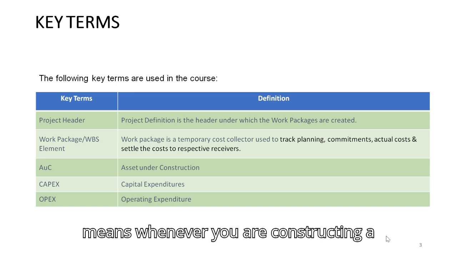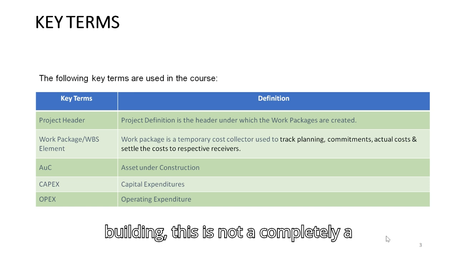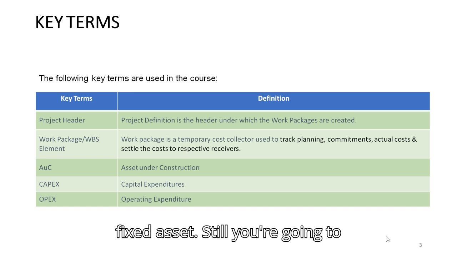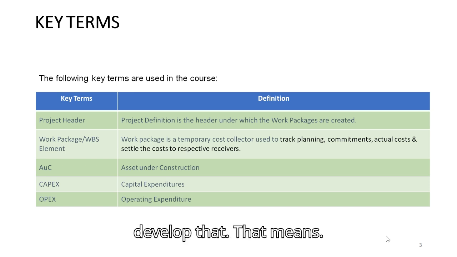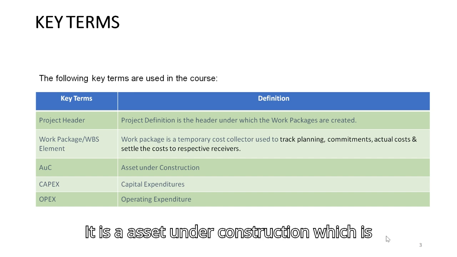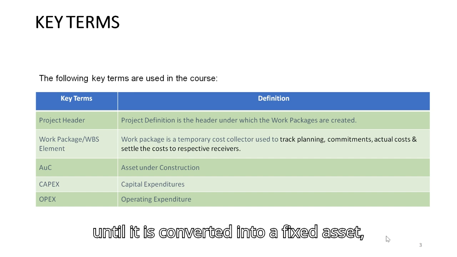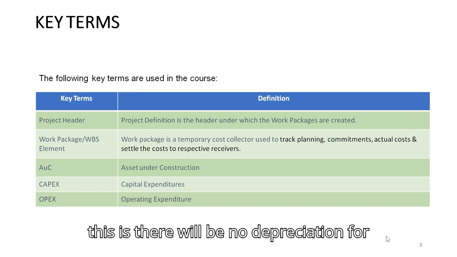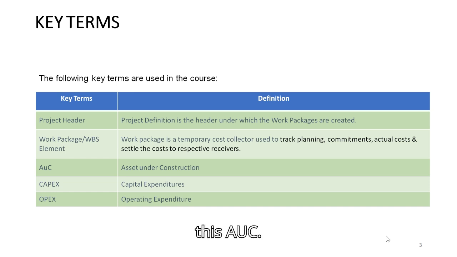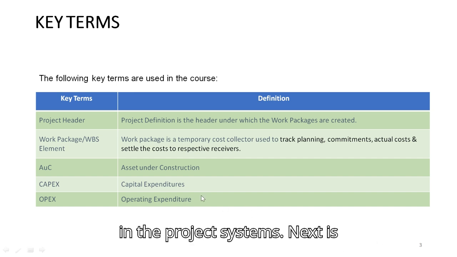That means whenever you are constructing a building, which is not completely a fixed asset, still you are going to develop that. It is an asset under construction, which is not considered a final asset. There will be no depreciation until it is converted into a fixed asset. That's how I can say in project systems.